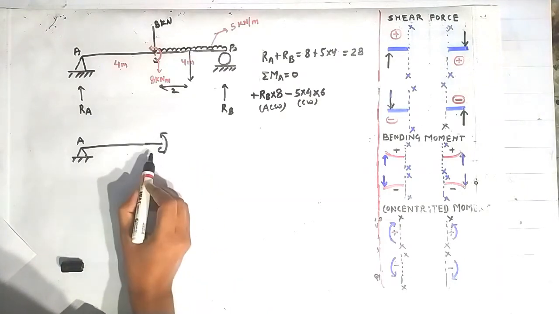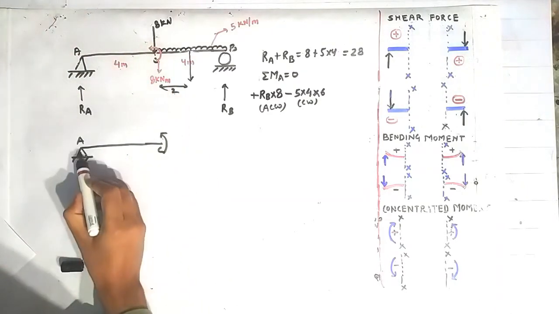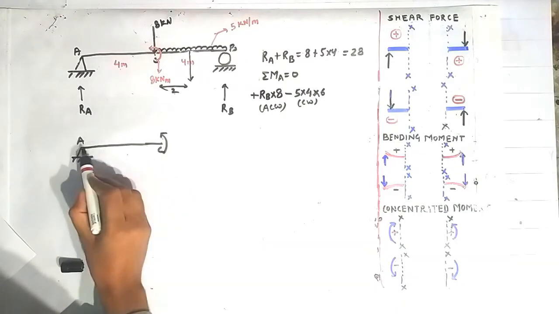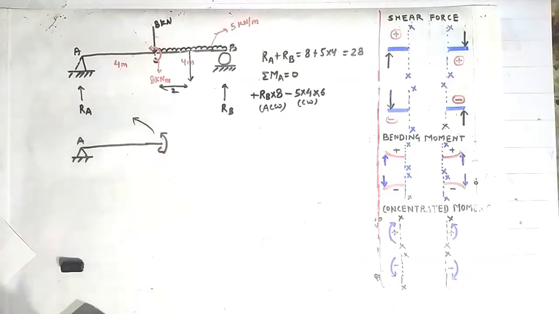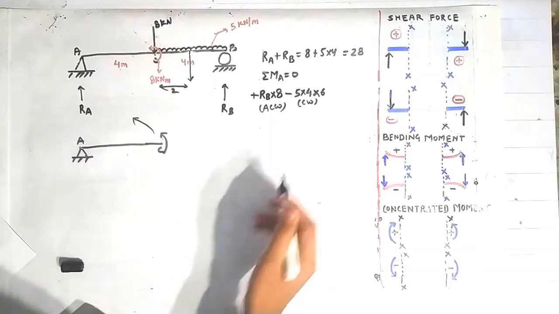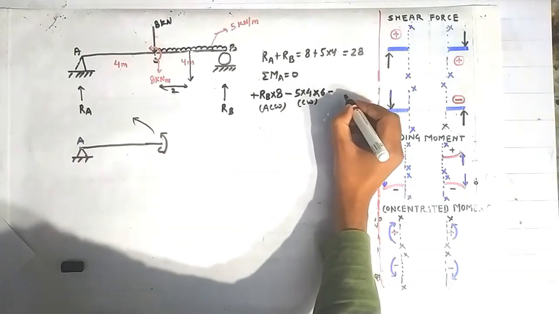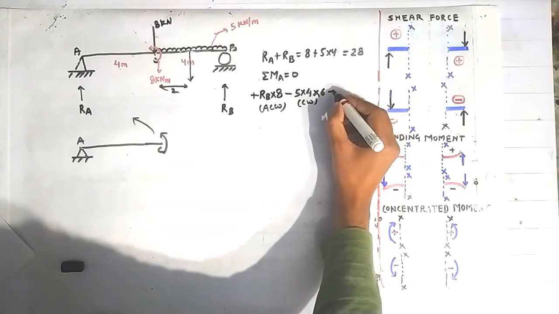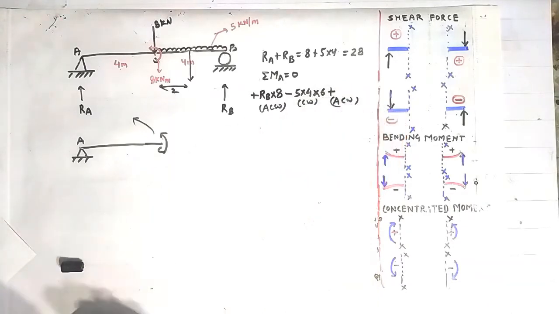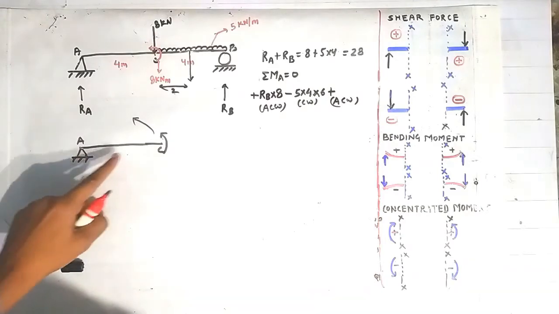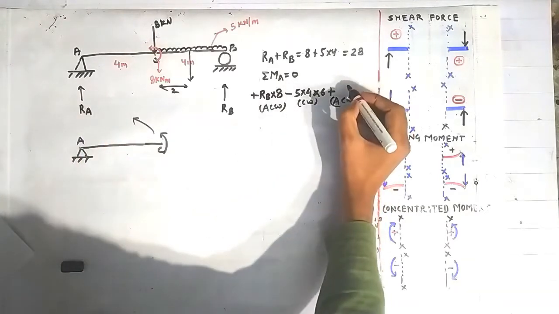So this will try to rotate this beam in this direction about the point A. This beam element AC is being rotated by this moment in counterclockwise direction about the point A. So here counterclockwise is treated as positive. Counterclockwise means anticlockwise, and anticlockwise is treated as positive.